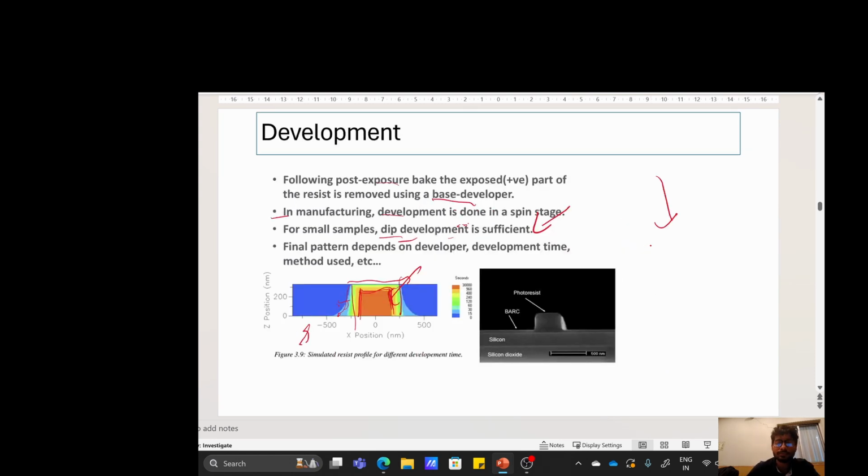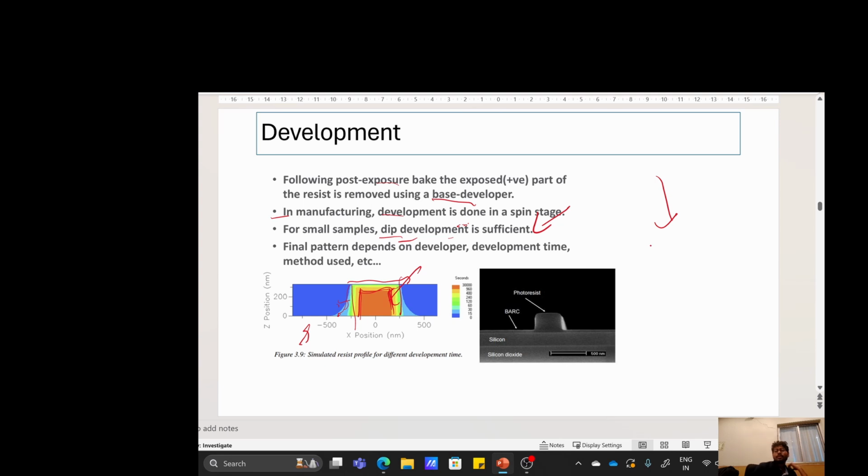And now development time. Development time also affects a lot. It is a critical parameter, how much time you need to develop.